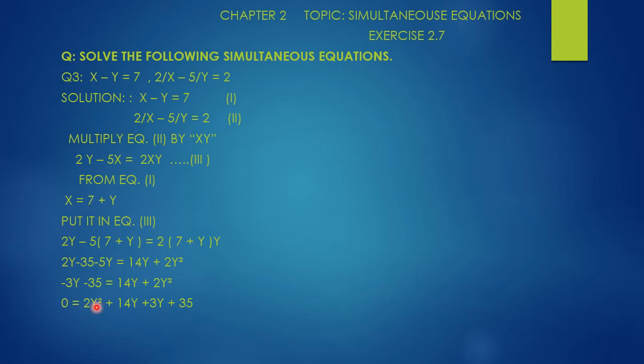So 0 is equal to 2y square plus 14y plus 3y plus 35, or 2y square plus 14y plus 3y plus 35 is equal to 0. So 2y square plus 17y plus 35 is equal to 0.